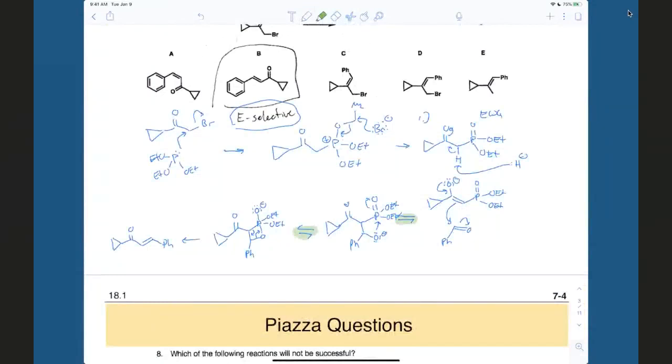So it'll be able to sort of go back and forth until it gets to this lower energy conformation, which implies that these two groups are actually on the opposite sides of one another. But if you just remember that it'll end up being trans or E, then you should be good to go. The Wittig usually isn't as selective because its steps are less reversible.